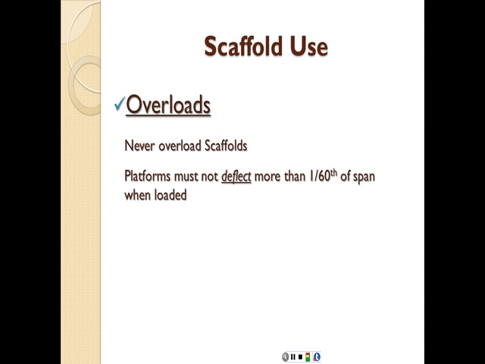If it sags or deflects more than 1/60 of the span, so if the span, for example, is 60 feet, which is very rare, just for the sake of illustration, the sag should not exceed 1 foot, and that's going to be a very big sag. So if it's 10 feet, which is a very normal span for a scaffold, it should not exceed 1/6 of a foot, which is basically 2 inches.